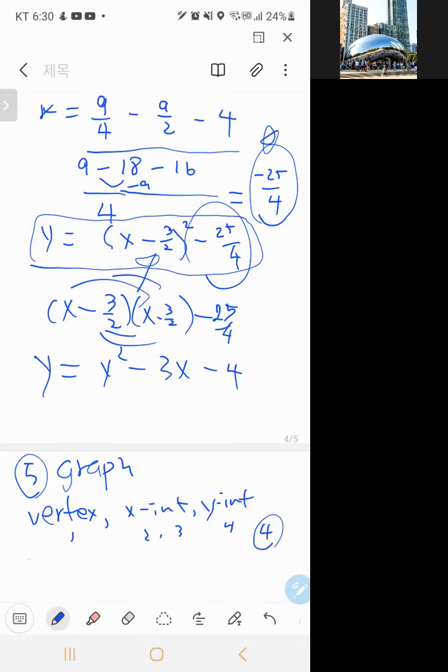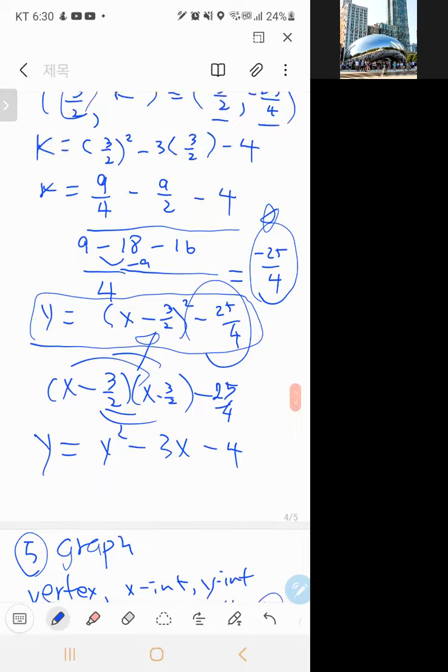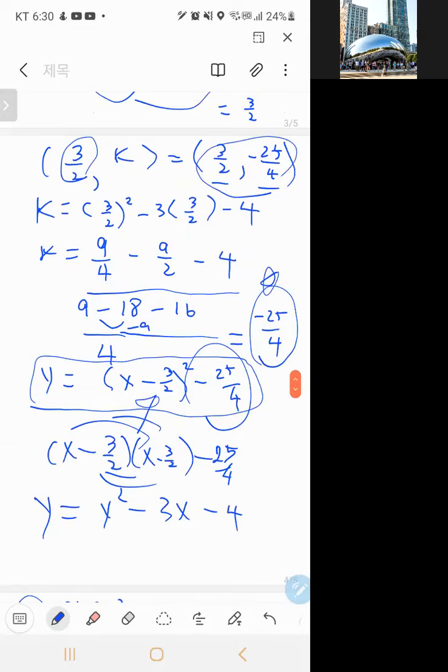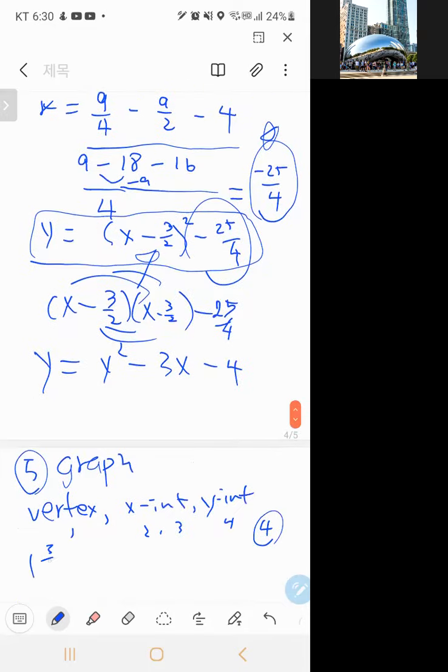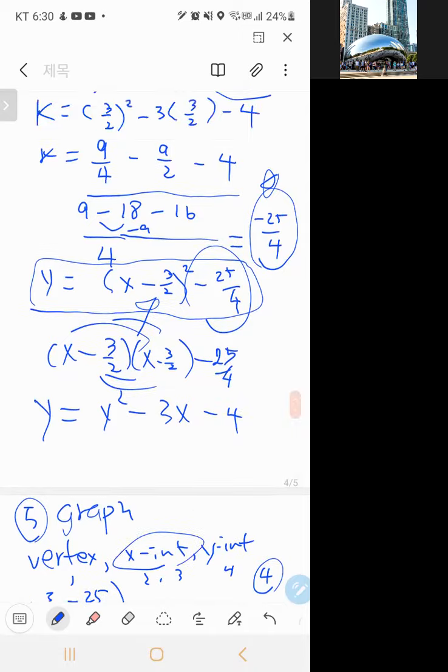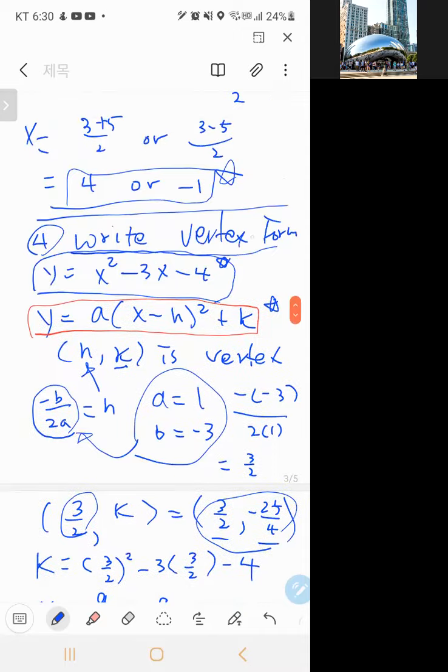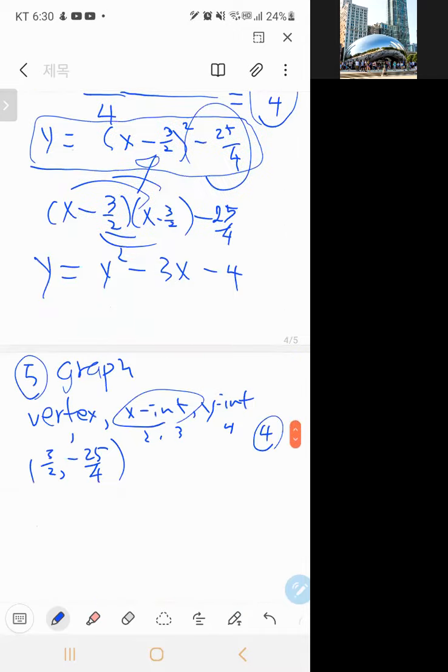We already have the vertex, which is from here 3 over 2, comma, minus 25 over 4. And we also already have the x-intercepts from here. We got x is 4 and x is minus 1. So the points are (4, 0) and (minus 1, 0).